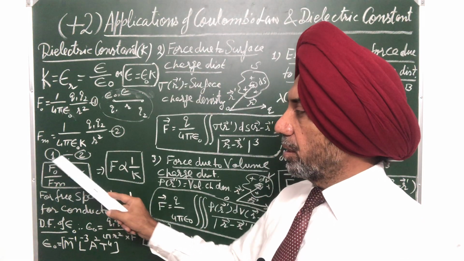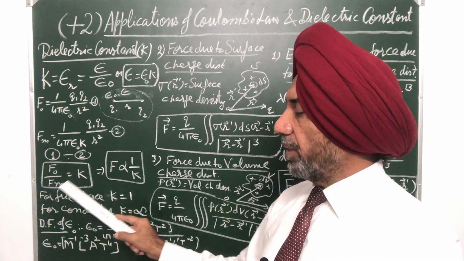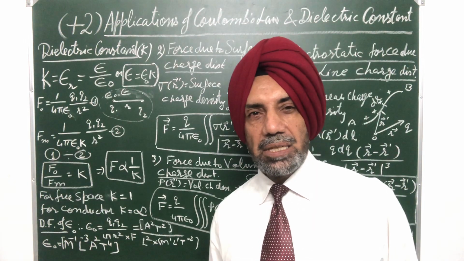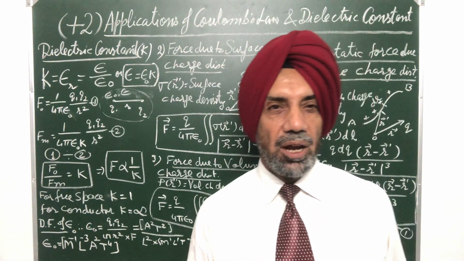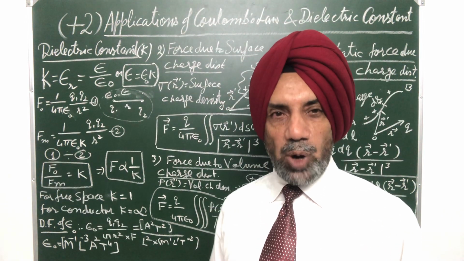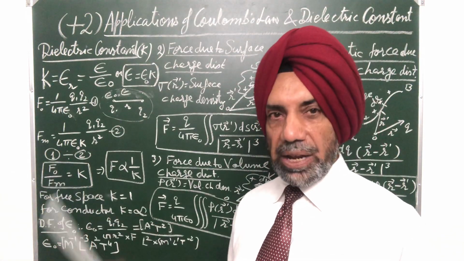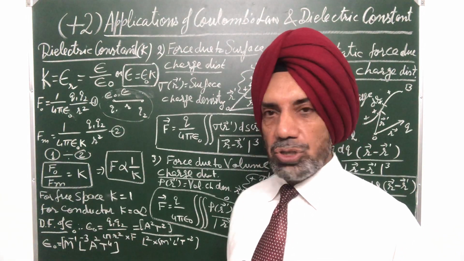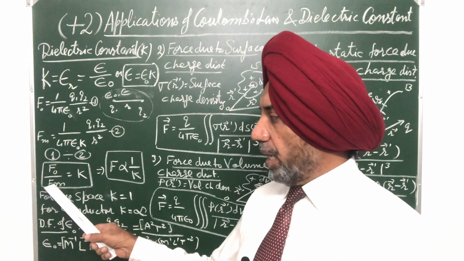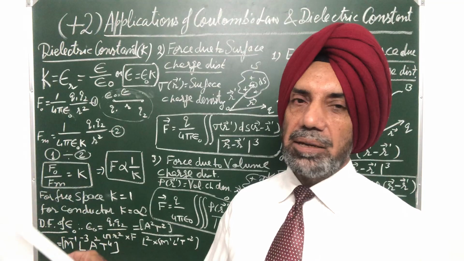Now dividing 1 by 2, everything cancels, and we have F naught upon Fm is equal to K. It means the dielectric constant of a medium is defined as the ratio of the electrostatic force between two point charges separated by a certain distance in free space or vacuum to the electrostatic force between the same two point charges separated by the same distance but in the medium.